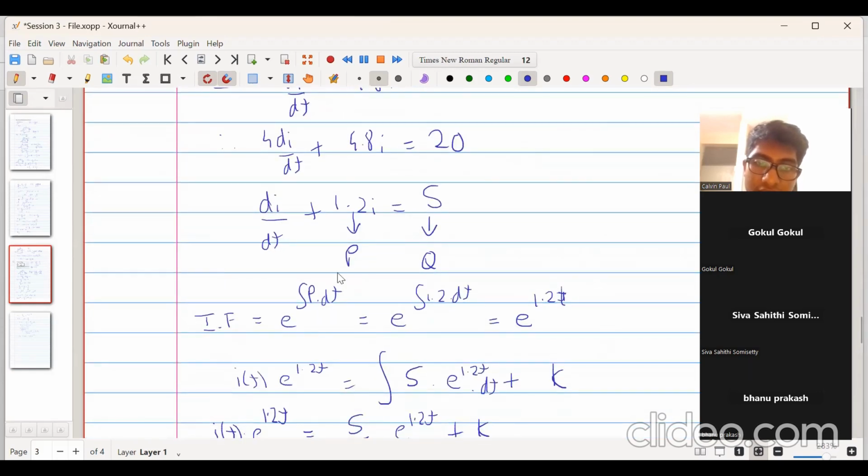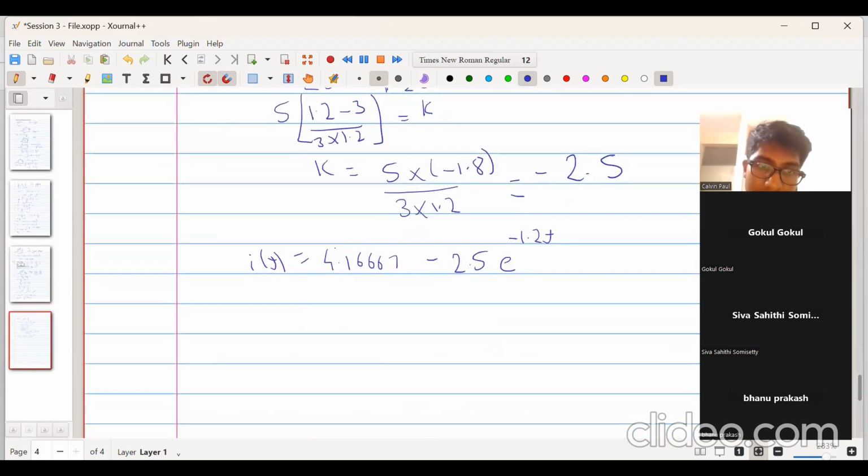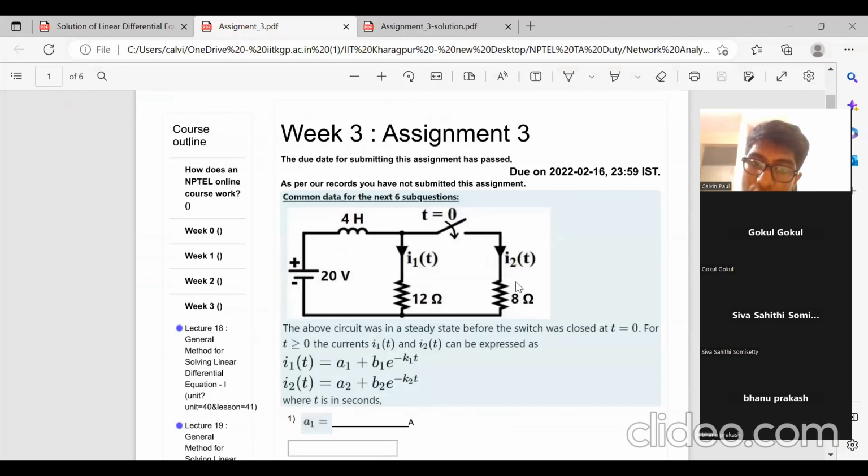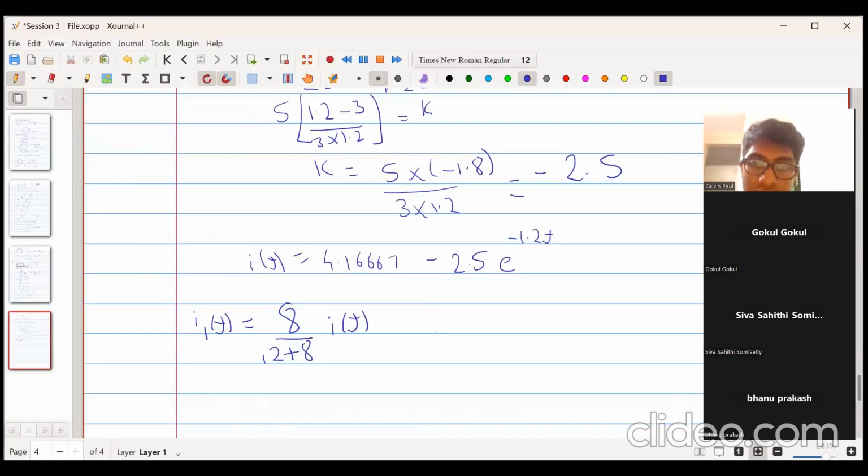The current through the 12 ohm resistor will be equal to 8 upon 12 plus 8 into I of t, that is 8 of the other resistor divided by 12 plus 8. That would mean it will be equal to 2 upon 5 into I of t.